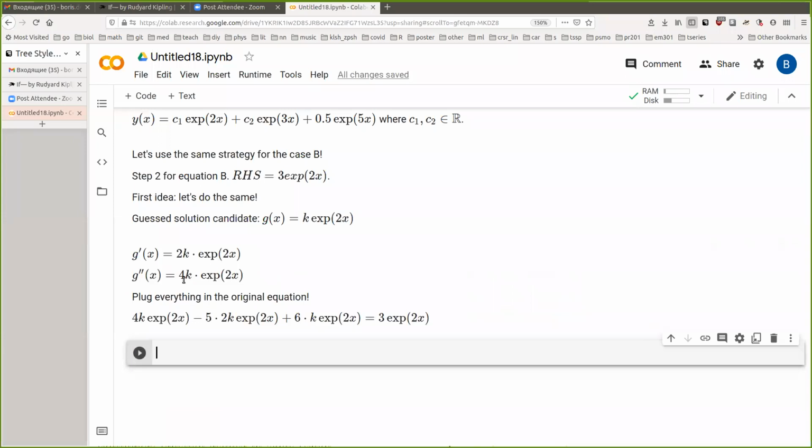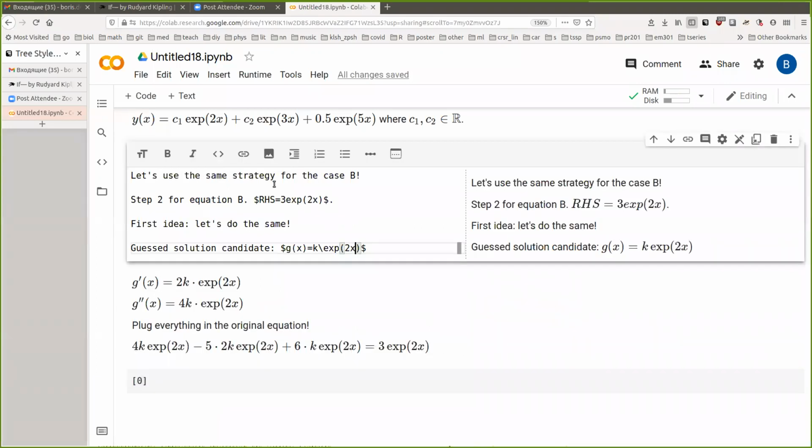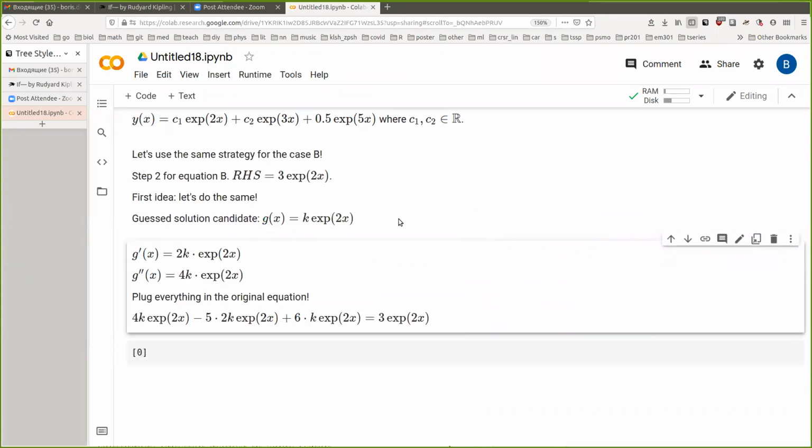And, you see the problem. Yeah, the problem is this strategy fails. Do you see where the strategy fails?